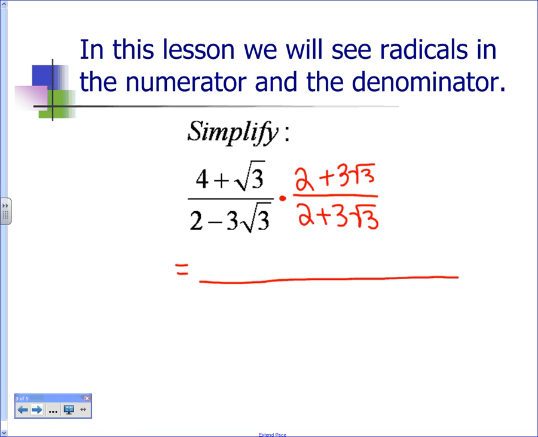Alright, so for the numerator, what would you get? You always multiply what's on the inside of the radicals and what's on the outside of the radicals together. Never what's on the outside and inside together. Does that make sense?